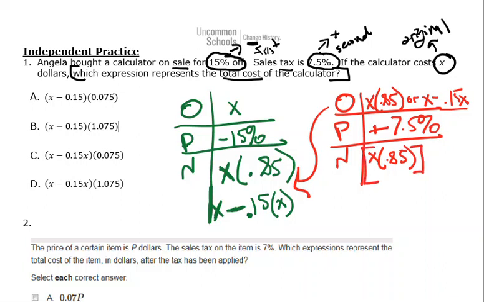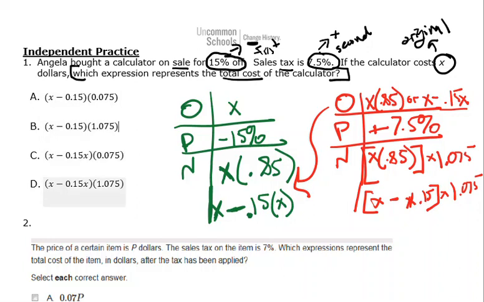X times 0.85 times 1.075, or X minus X times 0.15, times 1.075, okay? So there are 2 ways we can do this, and you're going to see why I did it both ways when we come over here to look at our answer choices.